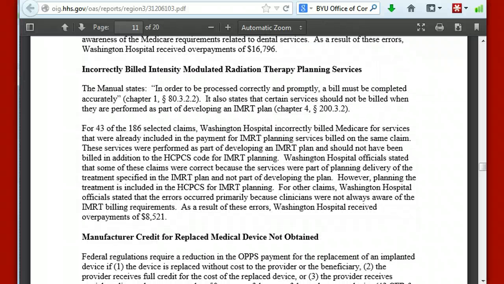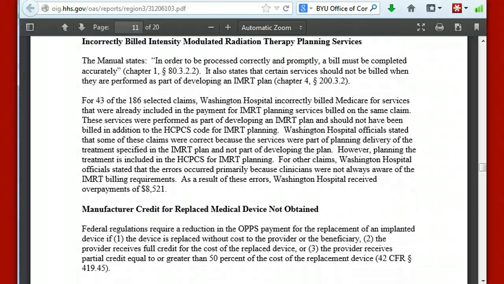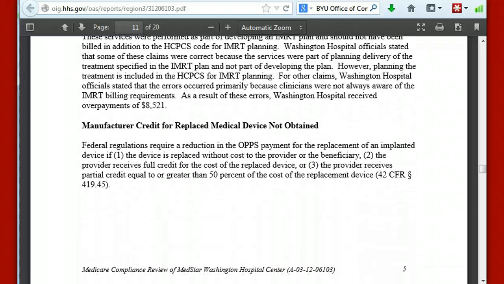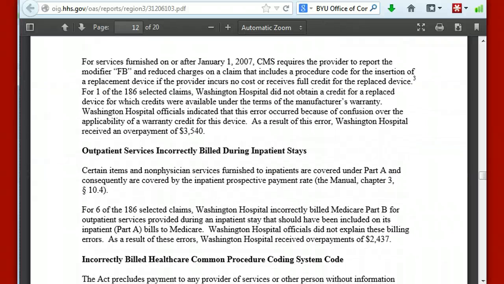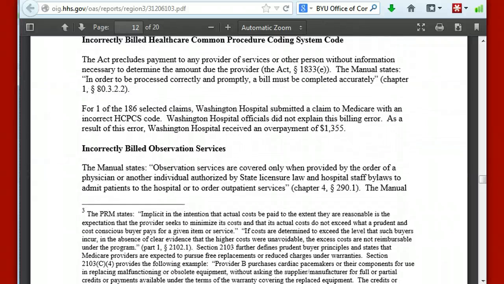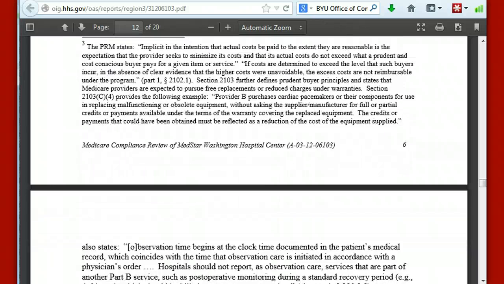So it goes into what the CMS manual requires. Also the HCPCS code. And they also had one finding with manufacturer credit for replacement devices. These are all on the OIG work plan. So on and on, you can take a look at all the different findings they had here.